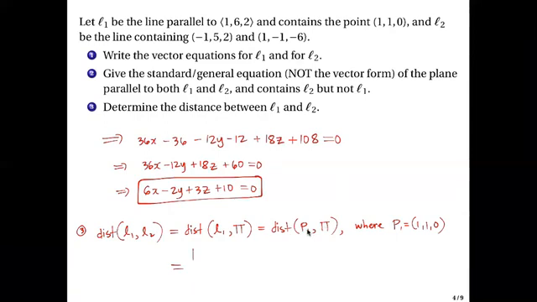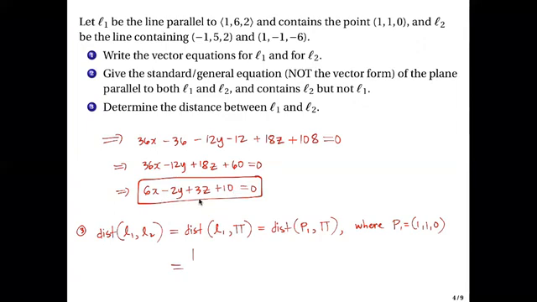In the numerator, you just copy this, replacing the x, y, z with the coordinates 1, 1, 0. Take note that you can use this formula when you have written the equation in its general form. So everything on the left-hand side, and the right-hand side must be equal to 0. So the constant part, if it is not 0, it must be with the variables.